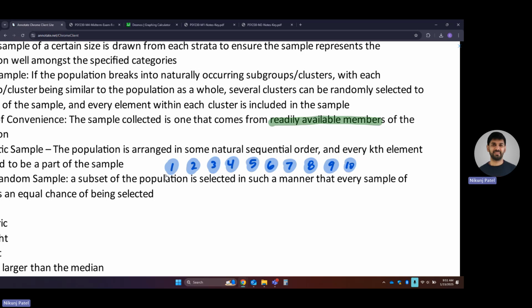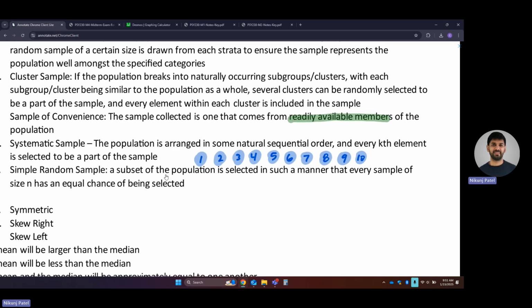And so what systematic sampling is you line up your patients metaphorically, you put them in order, give each patient a unique number, and every kth element is selected to be part of the sample. This is not a typo. Kth is just representing any number, like every fifth patient or every third patient.